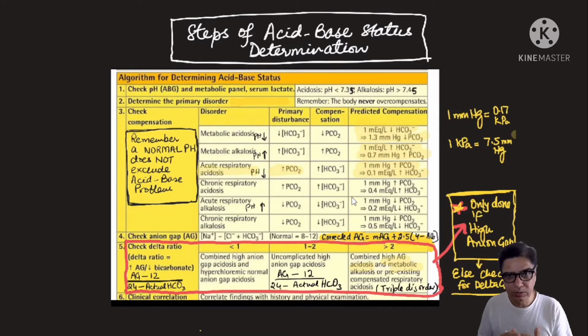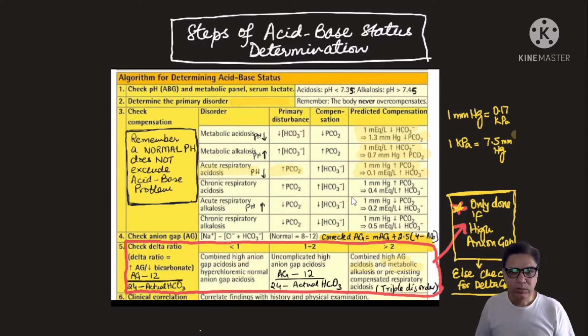If there's a metabolic problem, whether acidosis or alkalosis, the body would try to compensate by respiratory adjustment. How does it do this? You should remember, again, that metabolic acidosis and metabolic alkalosis have separate processes. For acute and chronic respiratory acidosis and acute and chronic respiratory alkalosis, there are different processes.